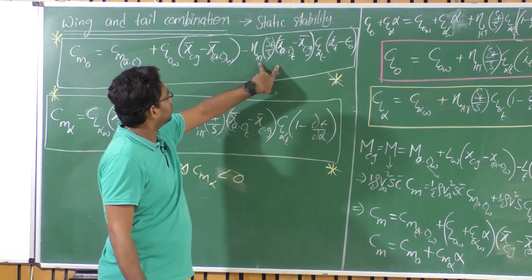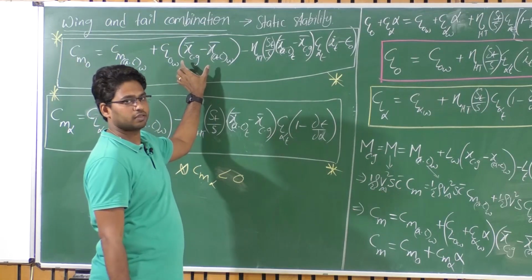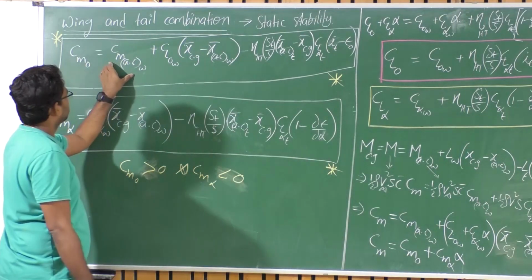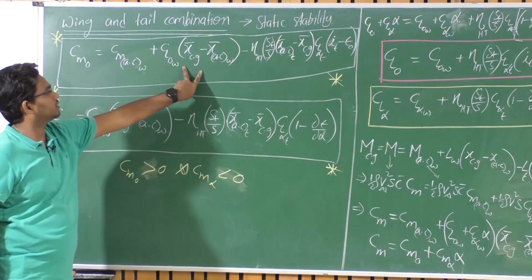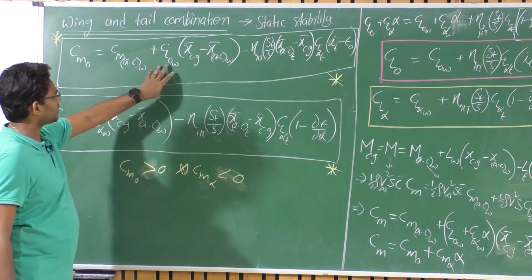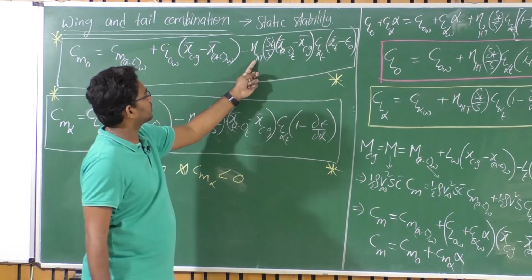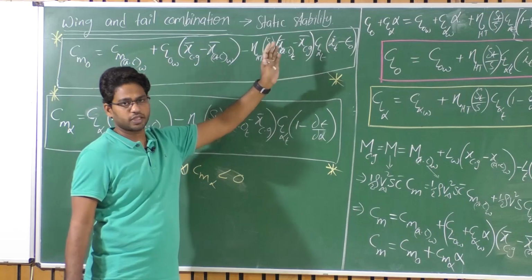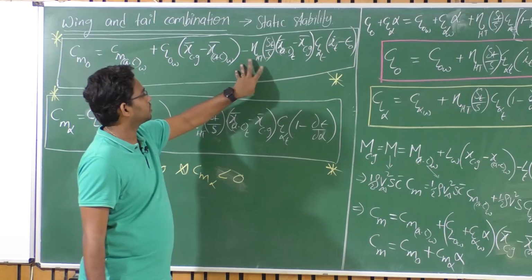And when you have this tail setting angle, say if this distance is comparatively very less, let us assume, right? In order to overcome this moment about aerodynamic center, which is negative, you need to have a tail setting angle here, right? Why? Because this is positive, and this is positive. We know that because the aerodynamic center of tail is behind the CG, and St, these two are positive quantities.